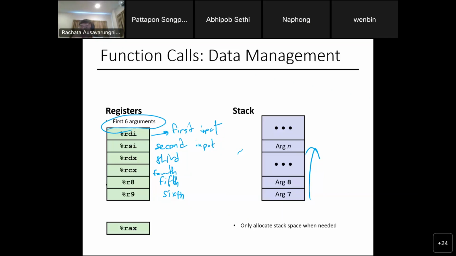Why is this good? So let's do some discussion on why this is a good design. What's the location of your stack? Is it on a CPU or is it in DRAM?